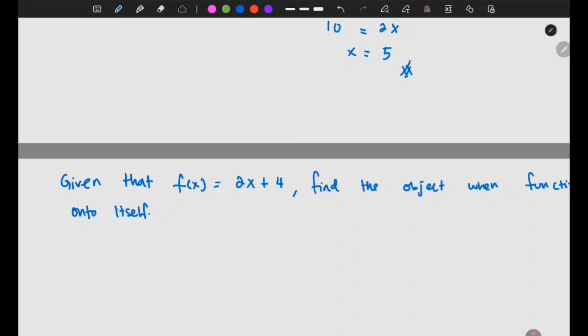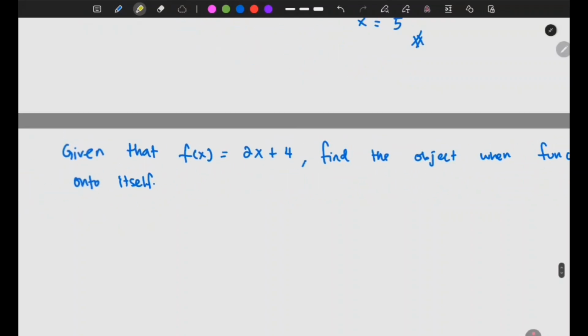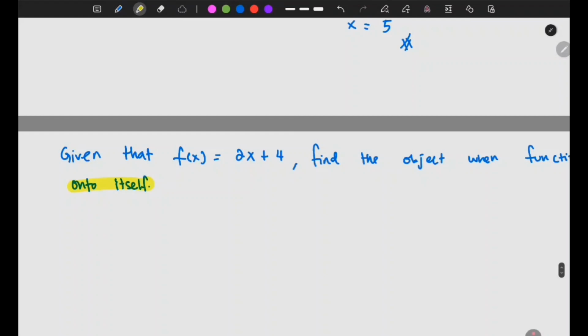Remember this keyword, mapped onto itself, or into itself, whatever.